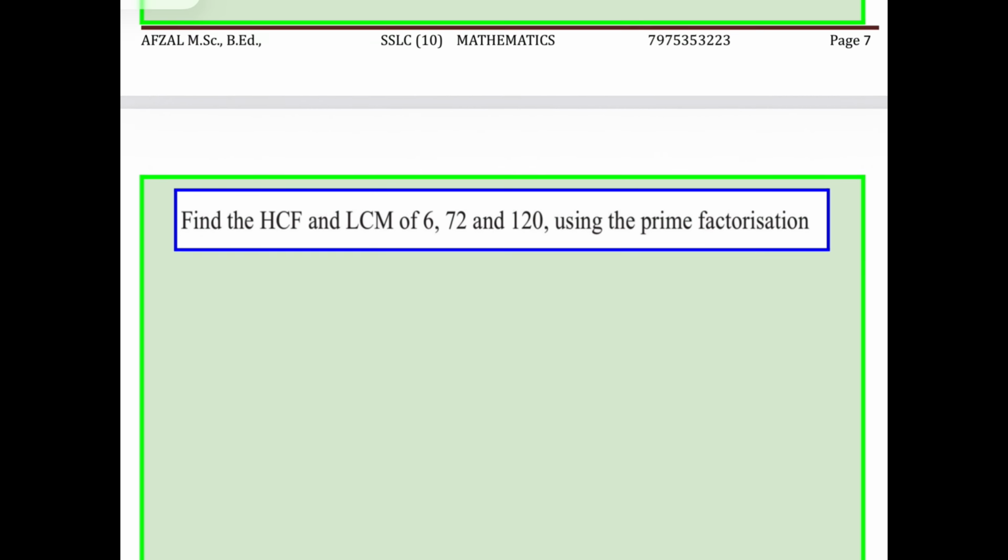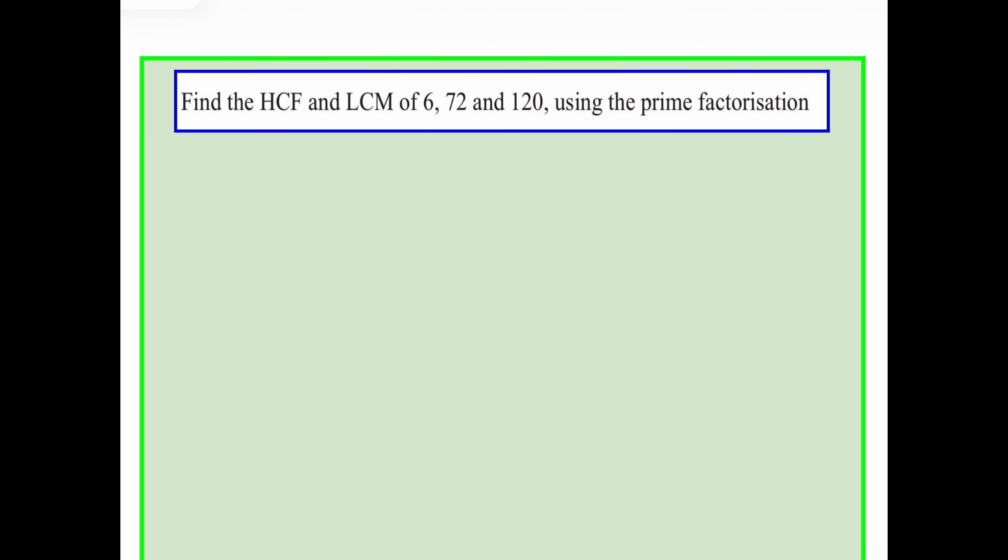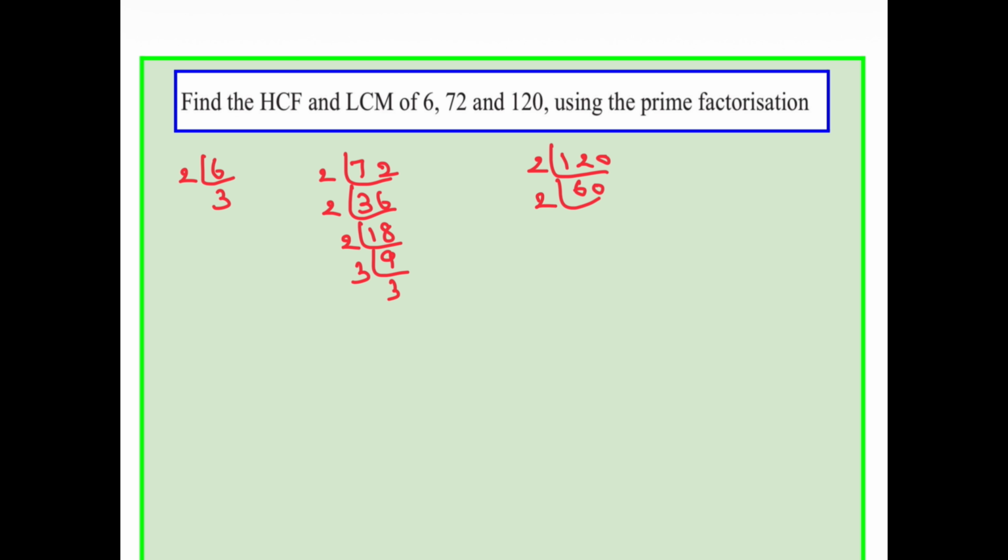Next question, find HCF and LCM of 6, 72 and 120 using the prime factorization method. 6 factorizes as 2 threes are 6. 72 factorizes: 2 36 times, 2 18 times, 2 9 times, 3 3 times. 120 if you factorize: 2 60 times, 2 30 times, 2 15 times, 3 5 times.